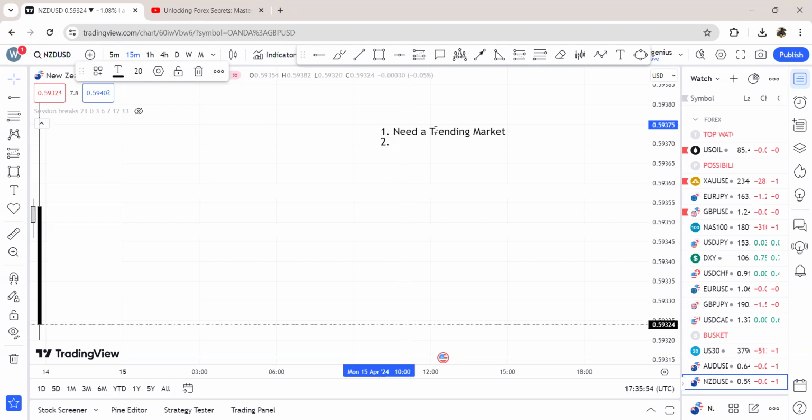Two, you need a momentum candle, to solidify the fact that there is a lot of inefficiency.